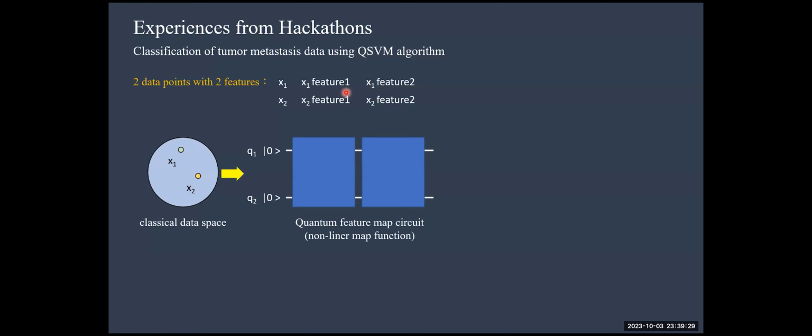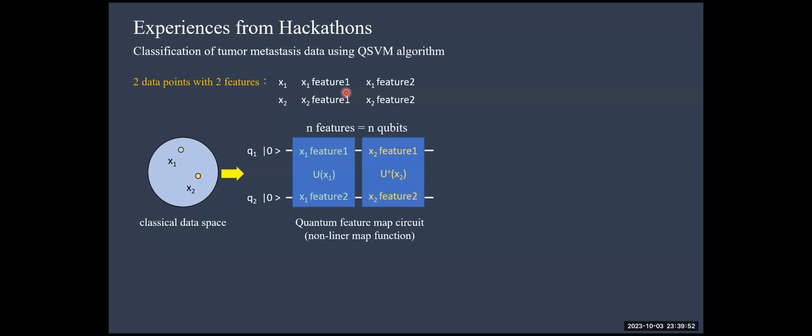Those two data points are paired and fed into the quantum feature circuit. Here, the features of X1 are embedded into the U gate, and the features of X2 are embedded into the U dagger gate. Each feature corresponds to a qubit.